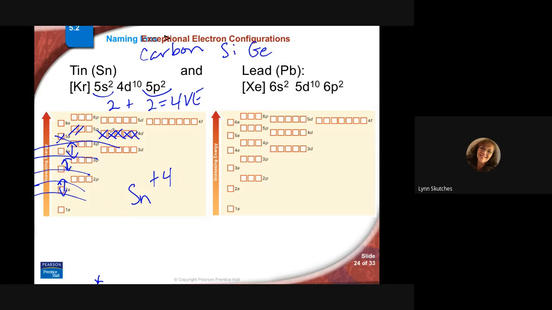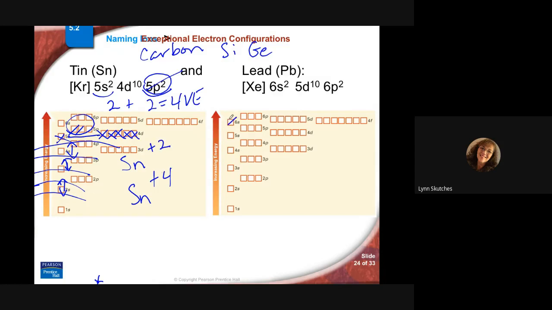So it turns out, if you recall again, the s's and the d's are really close in energy, right? The little stuff with the copper's s electron moving back and forth. Turns out that sometimes it only loses the p ones, the farthest away ones, which is why it has this 2 and 4.